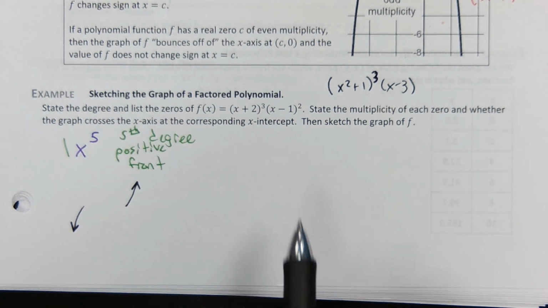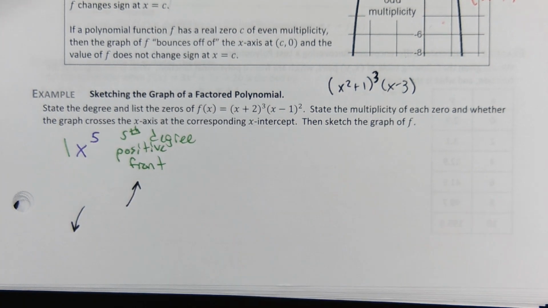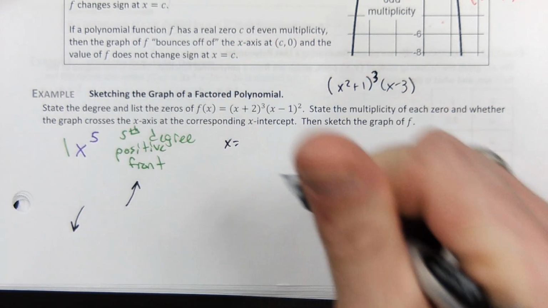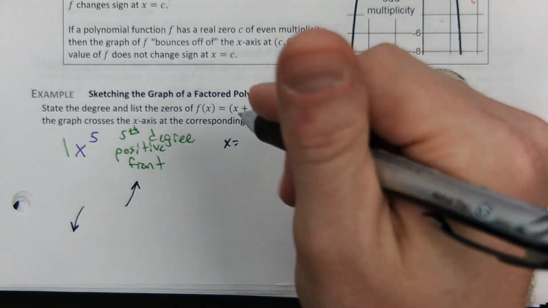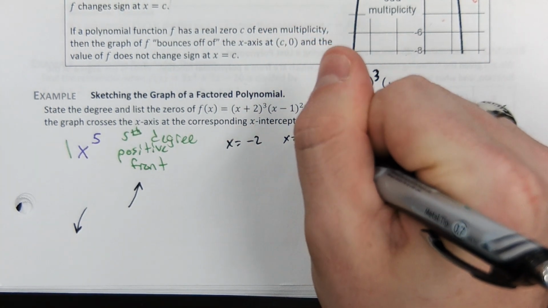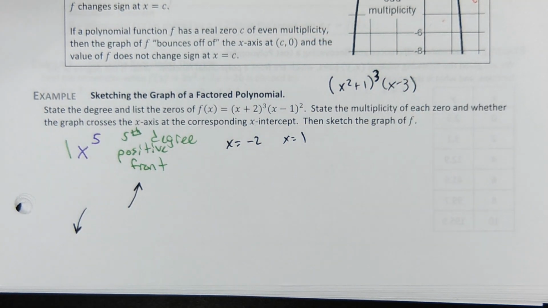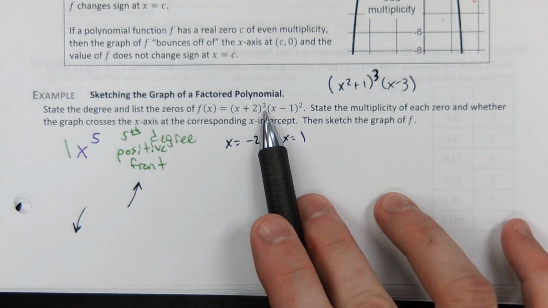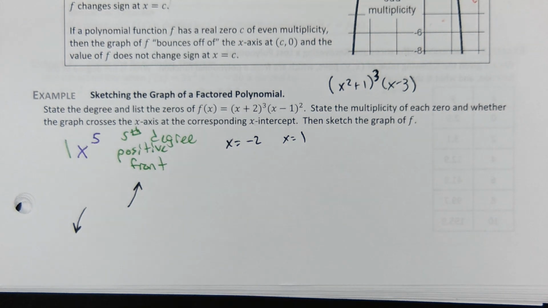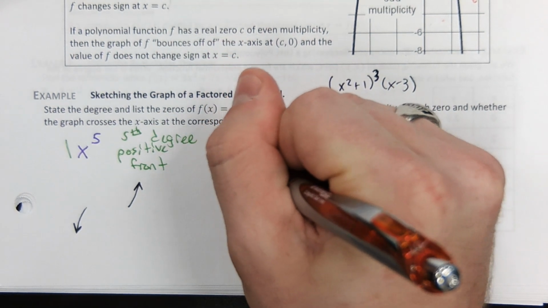Now we can look at what our zeros are. It's what makes the inside equal 0. So x equals -2 and x equals 1. At x equals -2, because of this multiplicity of 3, what will my graph behave like? It'll look cubic.